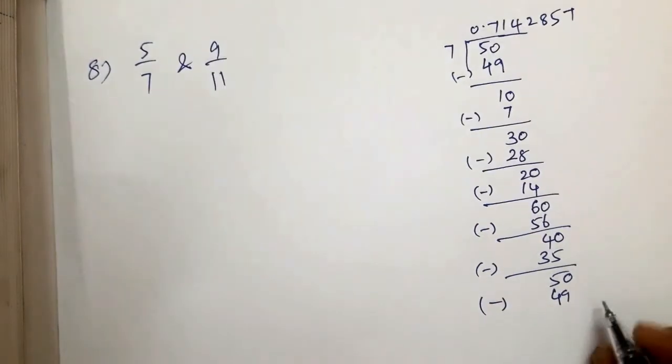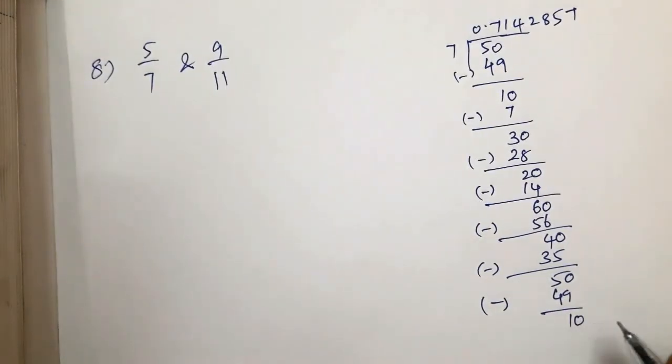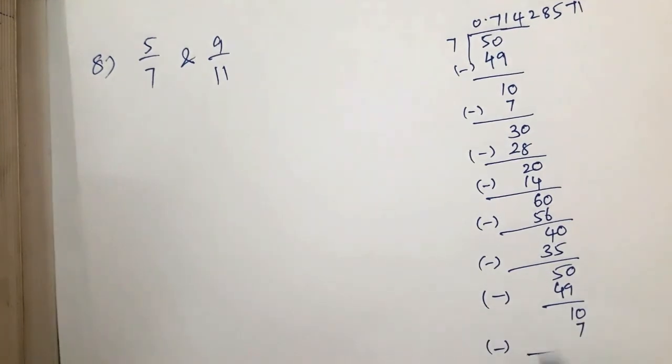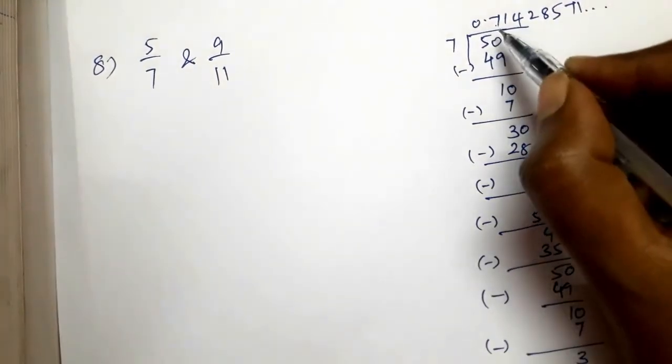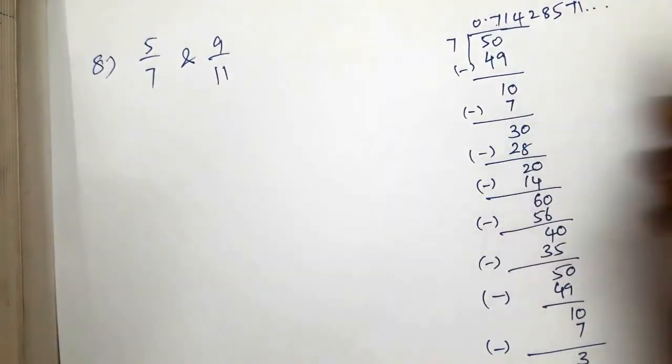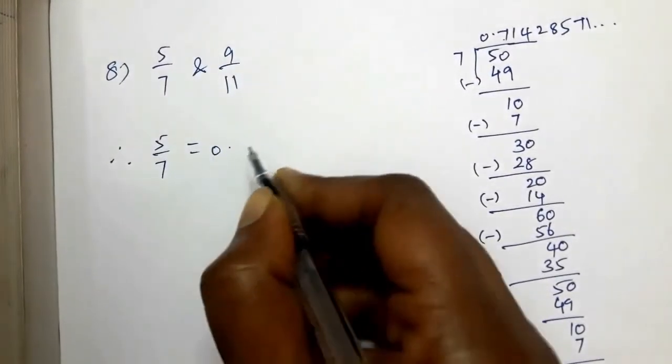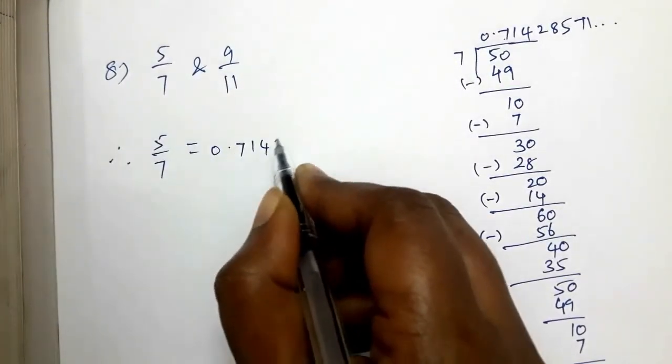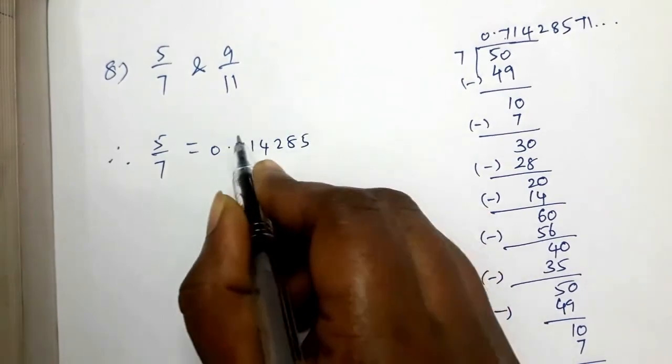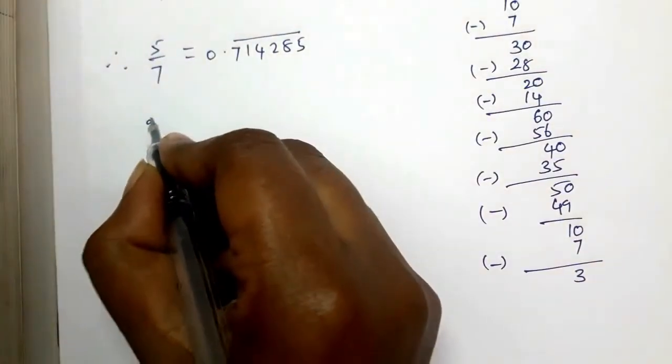Do the subtraction, remaining we should get 1. Again add 1 more 0. Now 1 time is possible, 1 7 is 7. Do the subtraction, we should get 3. So here the repeating block is 714285. Therefore 5 by 7 can be written as 0.714285 bar.